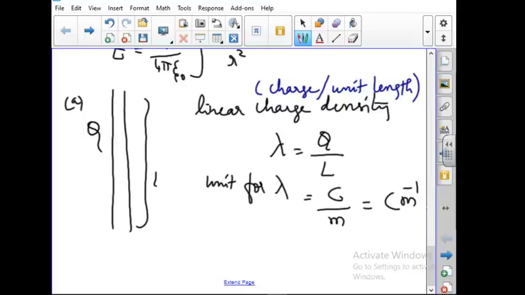So if the charge is present in a very small length dl, so it is a very long wire. In that we are taking a very small portion dl, and the charge present within this is represented as dq.